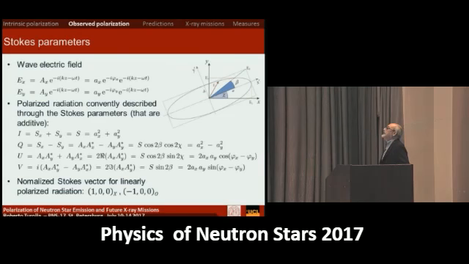These are additive quantities, and the Stokes parameters, which are listed here, the total intensity I, Q, U, and V, are expressed through the complex components of the electric field. And let me just point out that the normalized Stokes vector, made by Q, U, and V, for linearly polarized radiation in the X and O mode is written in very simple terms as 1, 0, 0 and minus 1, 0, 0 for the extraordinary and the ordinary mode respectively.